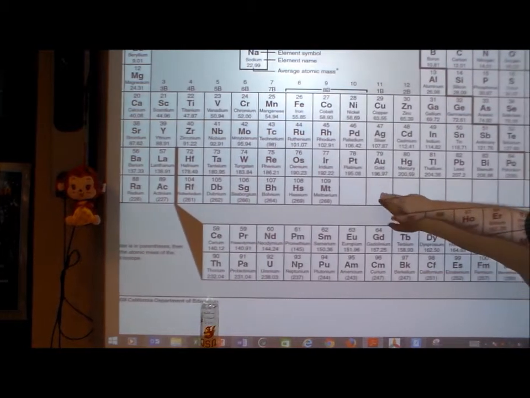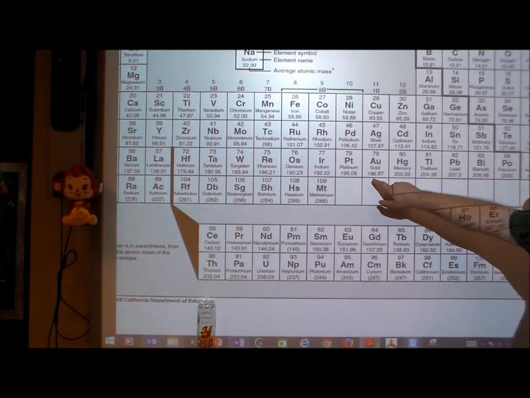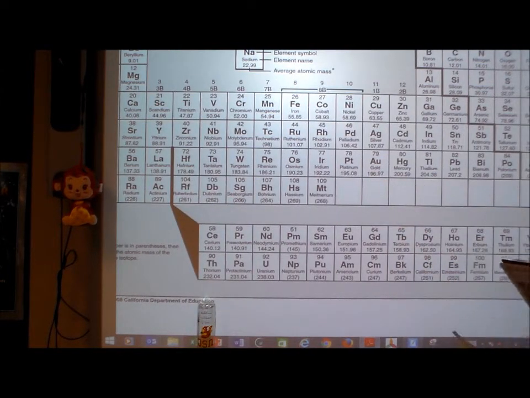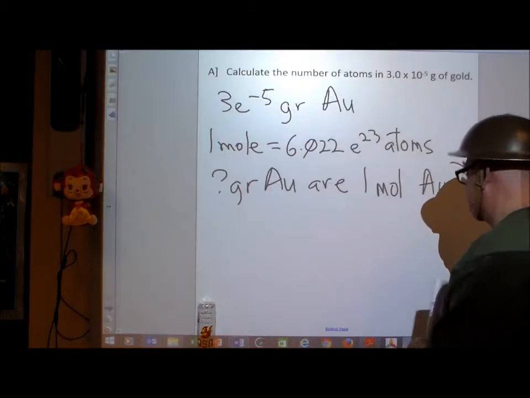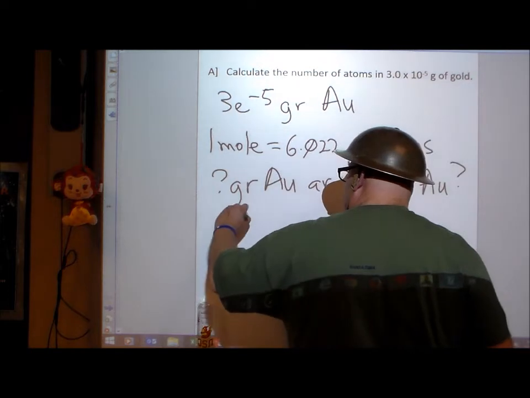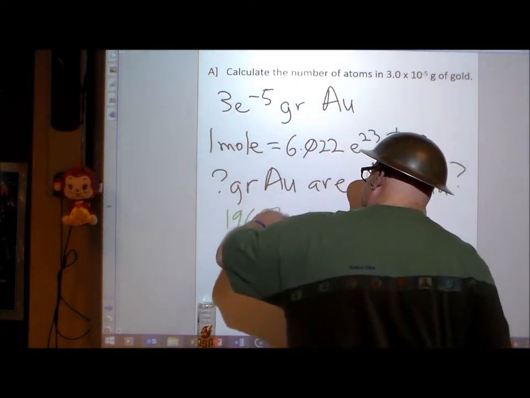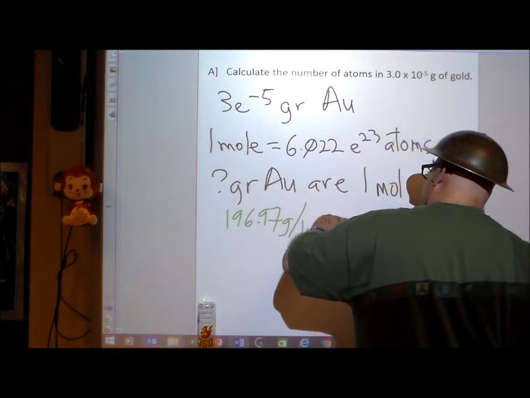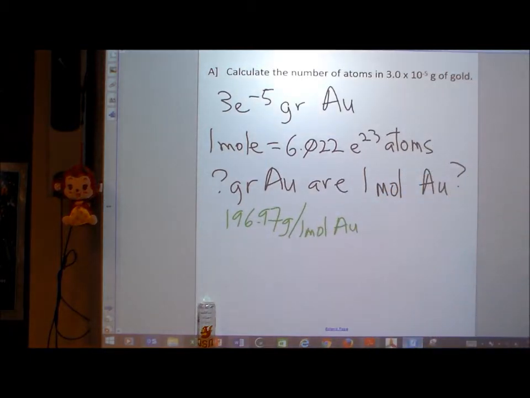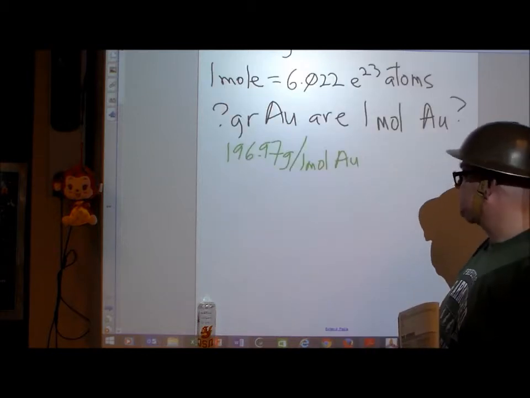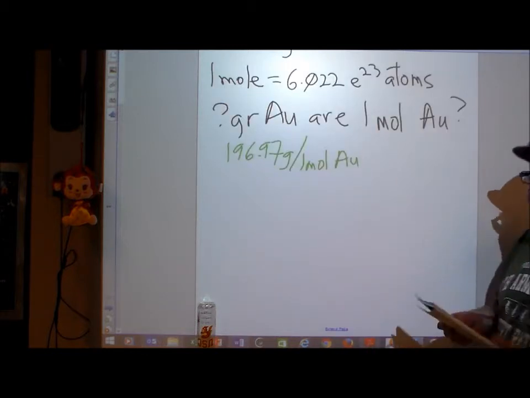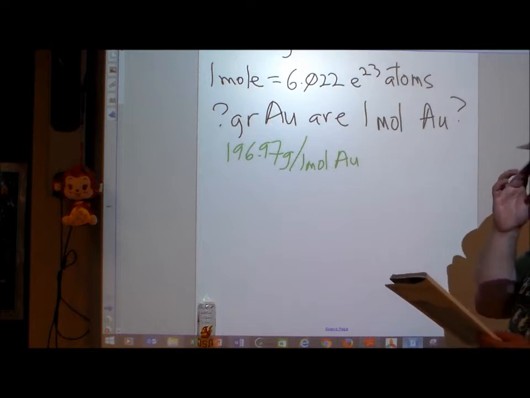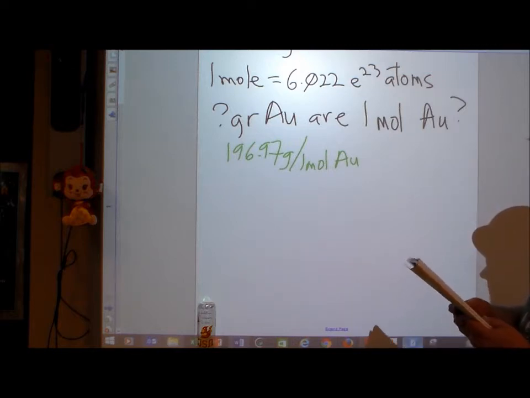If you look here, we can look at Au, there's gold right there, and it's 196.97. Okay, so now we have another piece of information. 196.97 grams to 1 mole of Au. So this is our basic information that we have. The question now comes down to is, how do we work with this? How do we go and find this out?